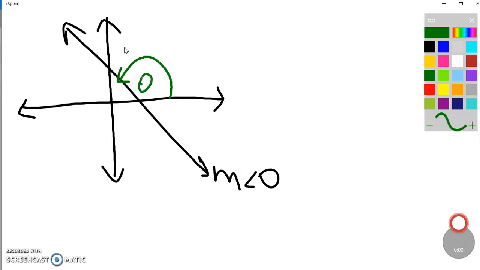So this is our theta. After calculating this theta, you will find an angle that is greater than 90 degrees but less than 180 degrees. The name of that angle is an obtuse angle.